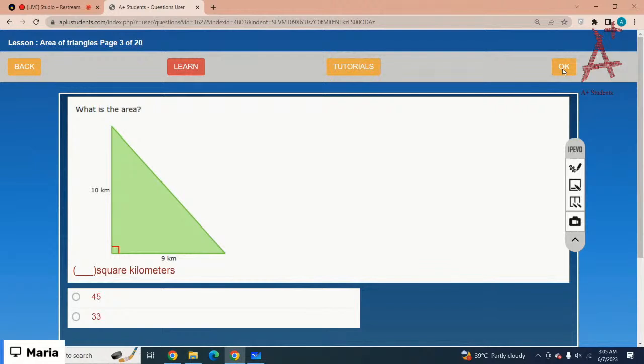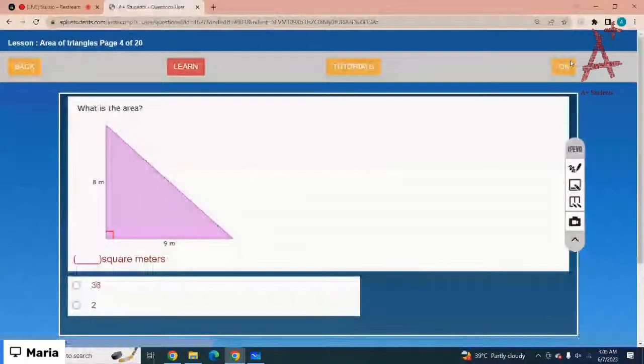So the area of this triangle would be 45 square kilometers.